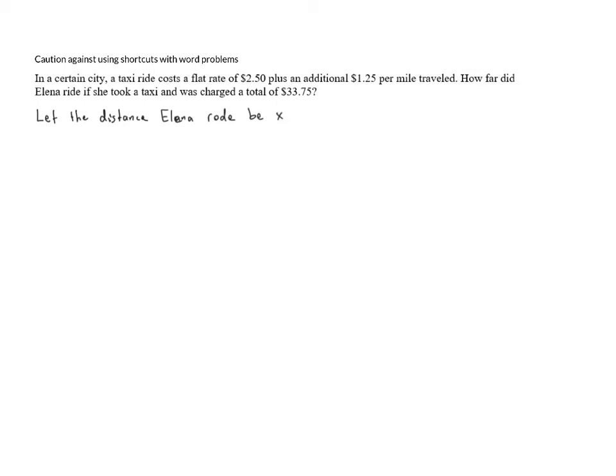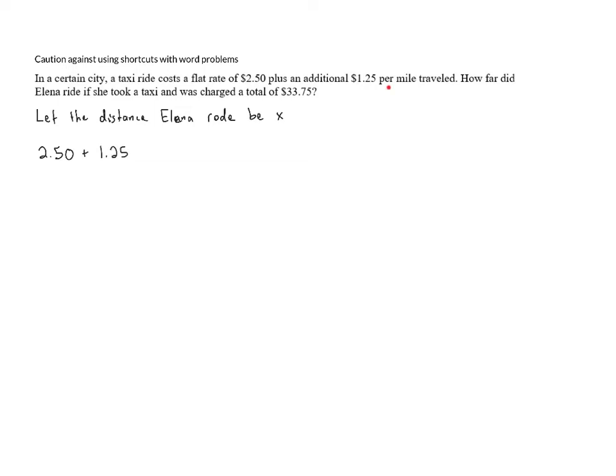Now we need to write an equation that models the situation. And so we're looking at the total cost of the ride as $33.75. So we know that the way that the meter charges is that there's a flat rate of $2.50. So just stepping into that taxi, Elena is charged $2.50, but then also plus an additional $1.25 per mile. Now you can see the word per there.